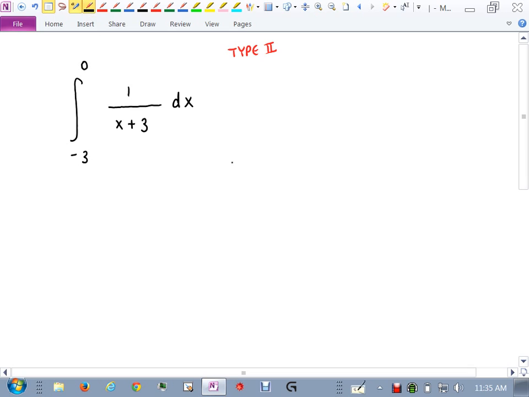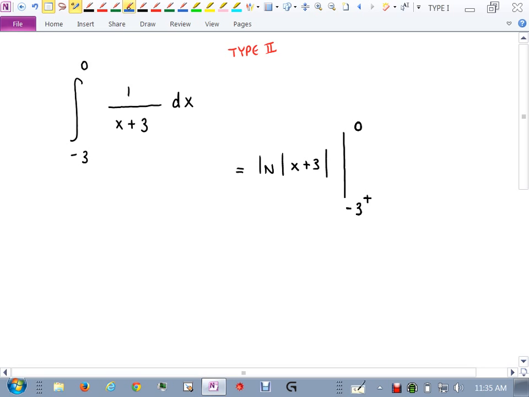We're going to find the antiderivative. The antiderivative of 1 over x plus 3 is what? Natural log of the absolute value of x plus 3. And then we're going to evaluate that where? 0 here, and then -3 from the right side.